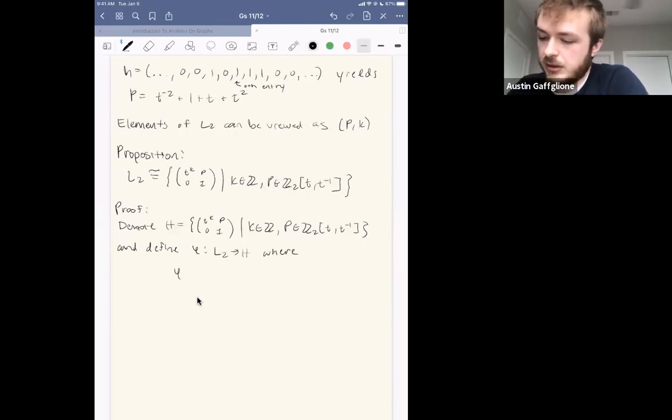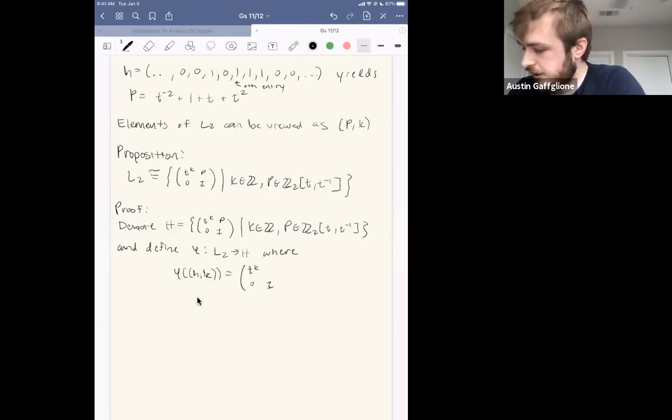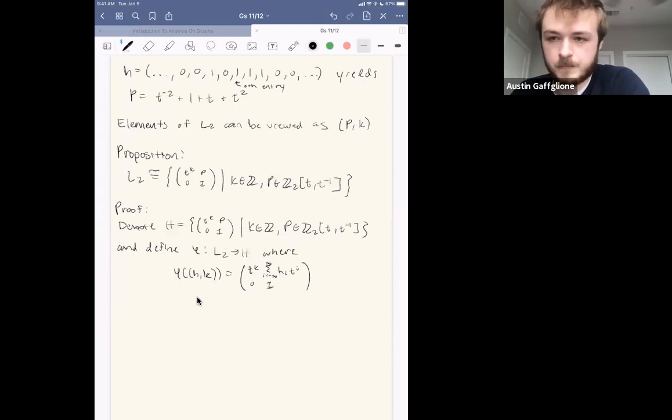So phi of (h, k) is equal to the matrix t to the k, 0, 1, and then this infinite sum from minus infinity to infinity of h_i t to the i. So h sub i just denotes the bulbs that are turned on in the lamplighter picture for (h, k).